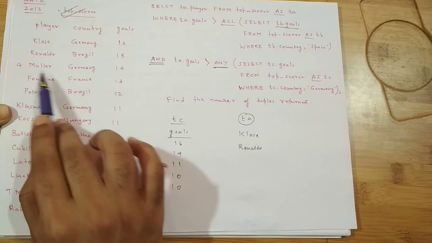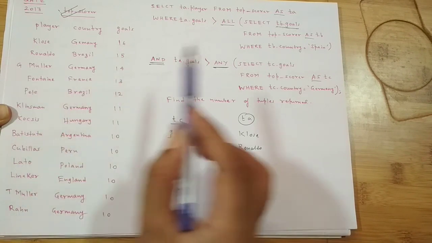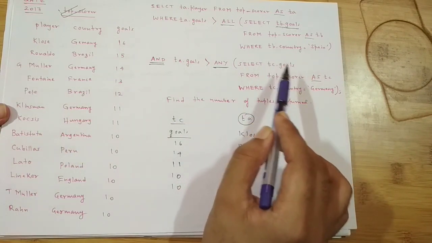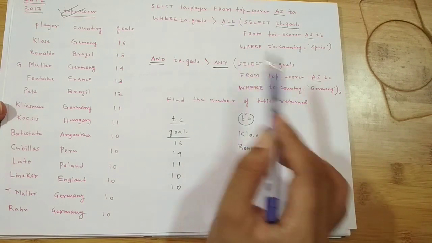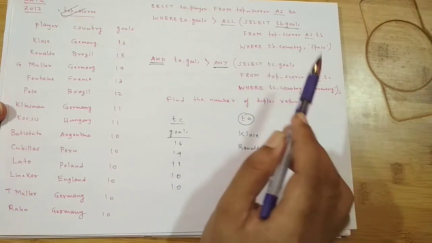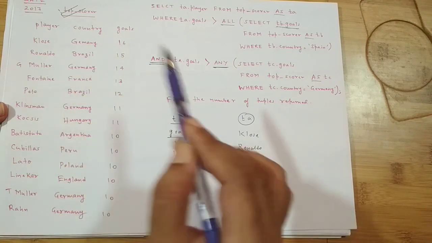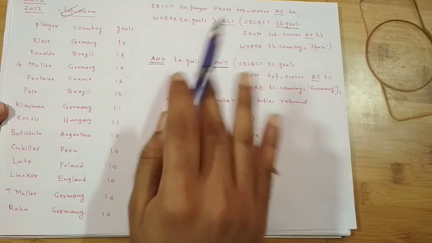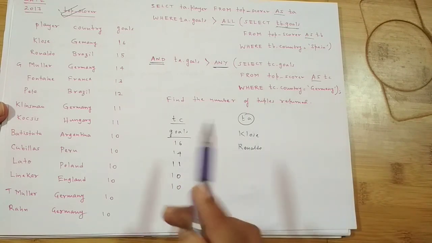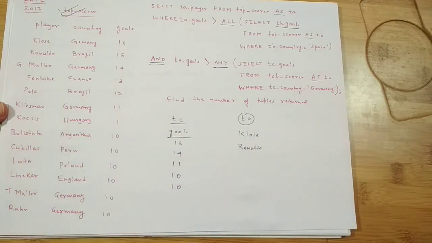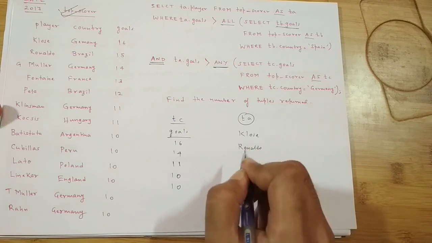Now I will take the German players into account as well, mind you, because there is no condition which states that we have to exclude German players. So the German players will also be taken into account. So any German player who has scored more goals than any other German player will be taken into account. That means here we have Muller. Gerd Muller has scored more goals than Thomas Muller as well as Rahn. So it will come into our output.